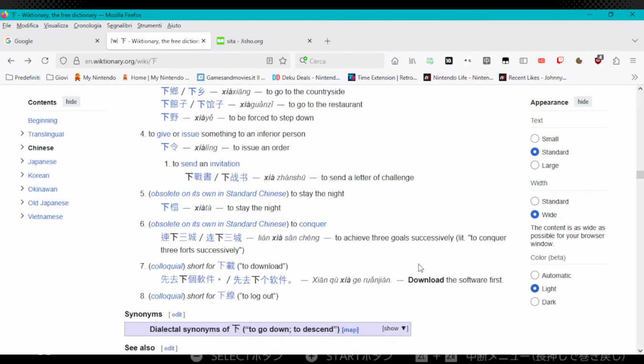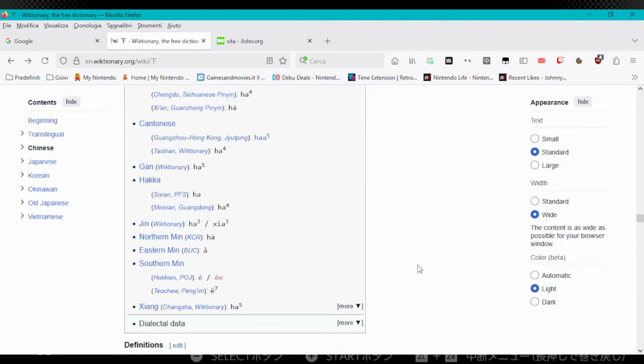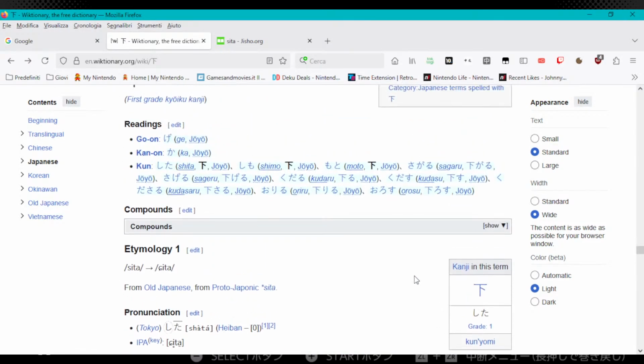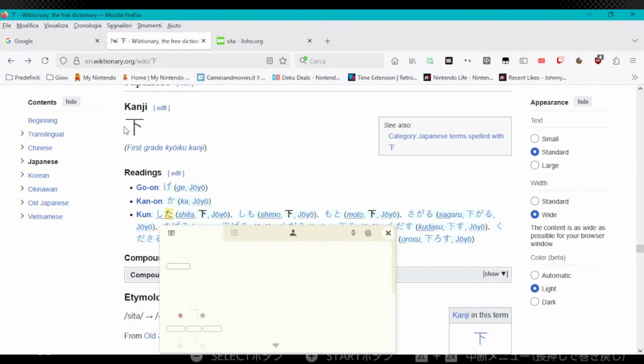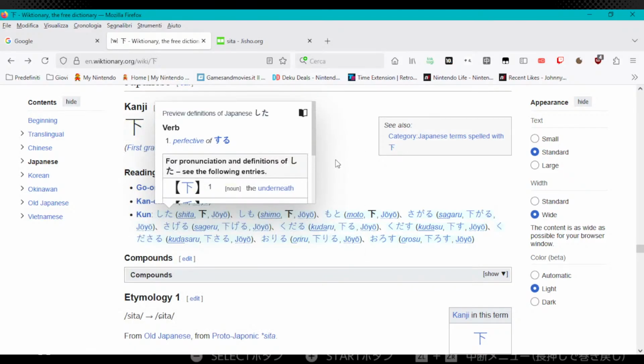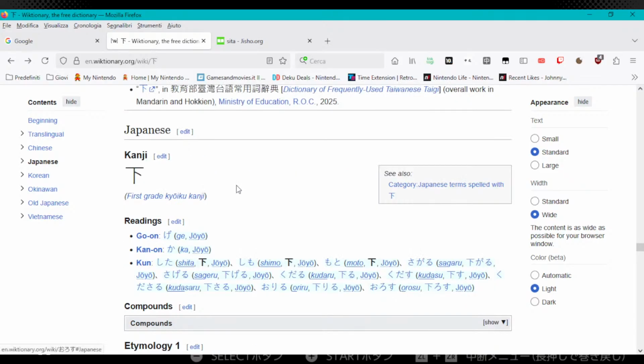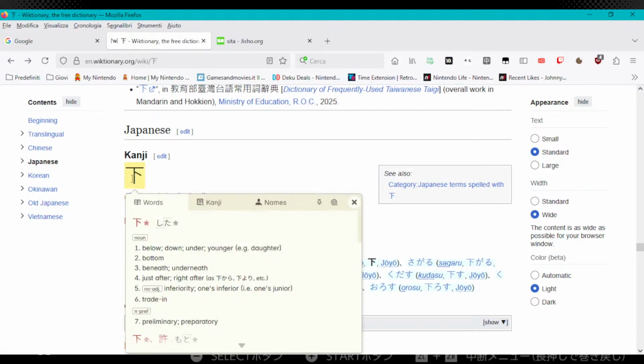Let's see now some of its readings. Of course, there are all the Chinese pronunciations here. Okay, the important one, and the one you see when you find the kanji on its own more often than not, is shita, unaccented, as that's the word for below, down, under, and so on.